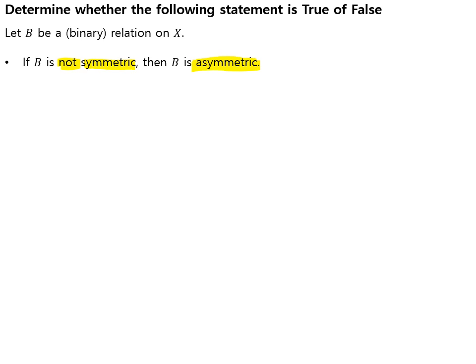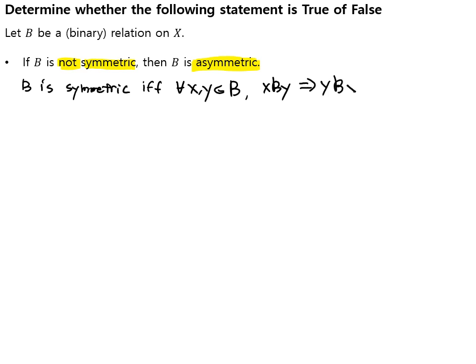So B is symmetric. This basically means, if and only if, for all elements x and y in X, x B y implies y B x.